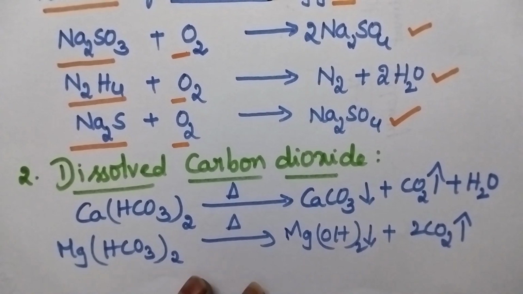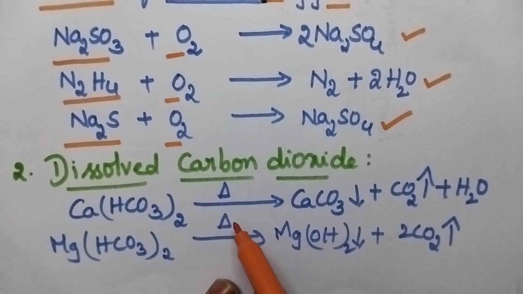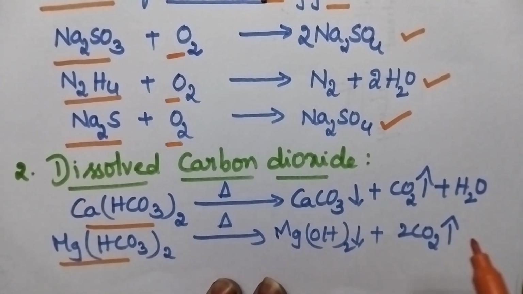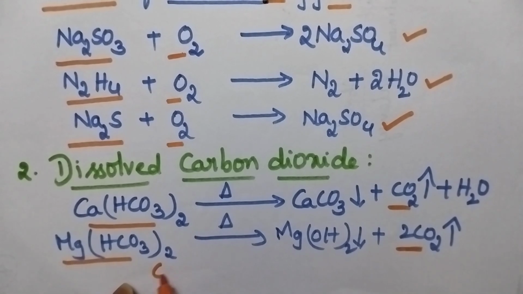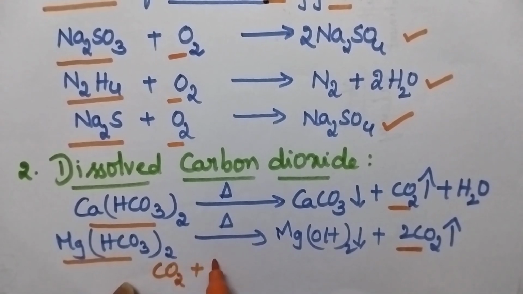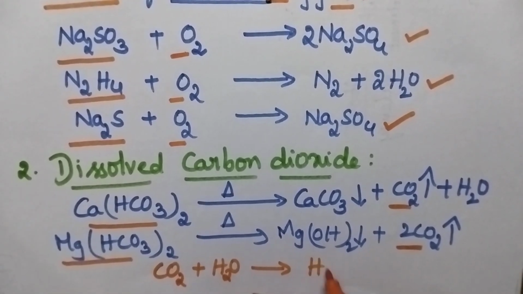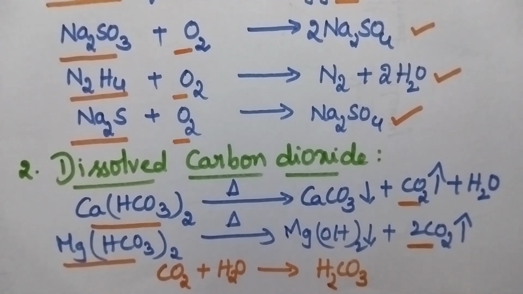From these two equations, it is very clear that whenever the boiler water is heated to high temperatures, the temporary hardness producing salts are converted into the corresponding salts with the liberation of carbon dioxide. Now this carbon dioxide readily combines with water and results in the formation of carbonic acid, and this carbonic acid is responsible for boiler corrosion.